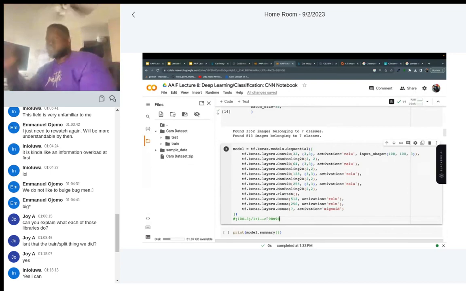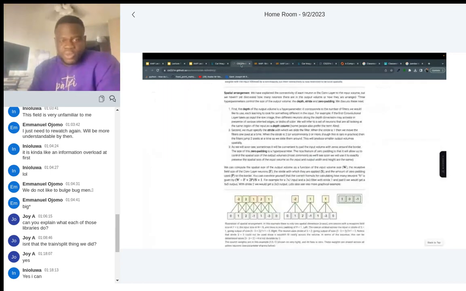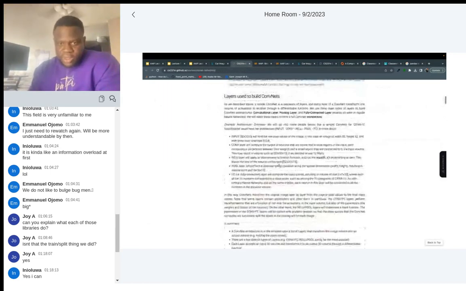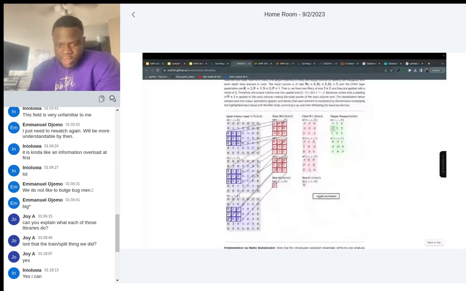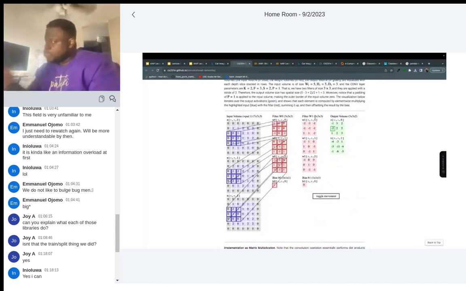Now, what's the third dimension? You notice when we were talking, Joy asked a question about where that comes from. We have 7 by 7, we have 3 by 3. I showed you that I minus k over s plus 1 will give you the first two dimensions. How do we know the last one? This is 3 by 3 by 3, but this is giving me 3 by 3 by 2.